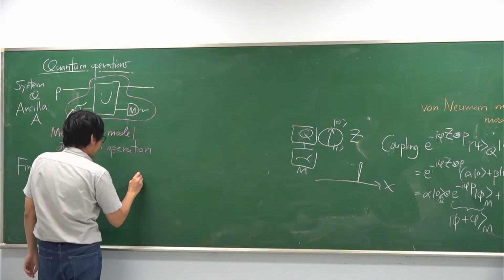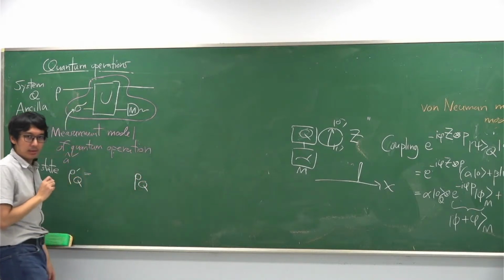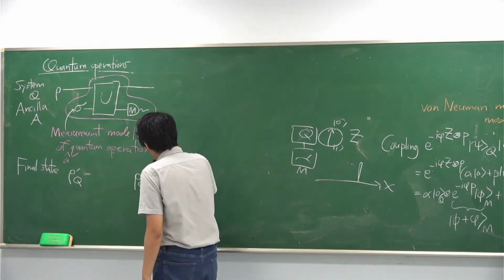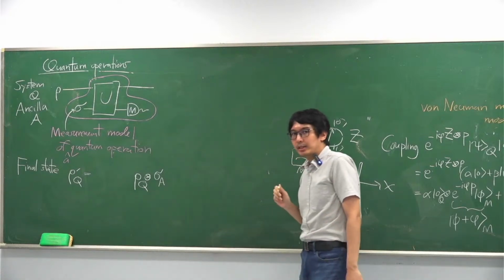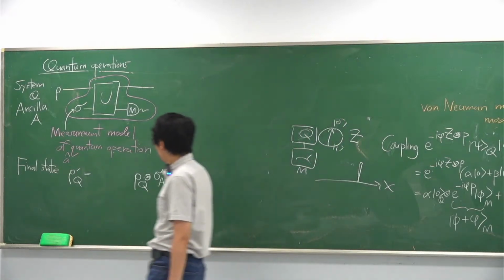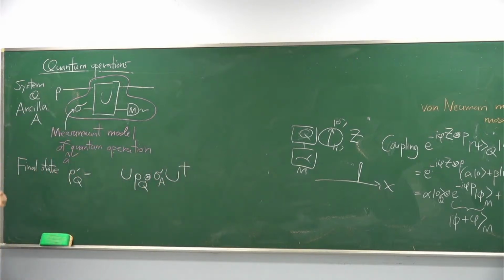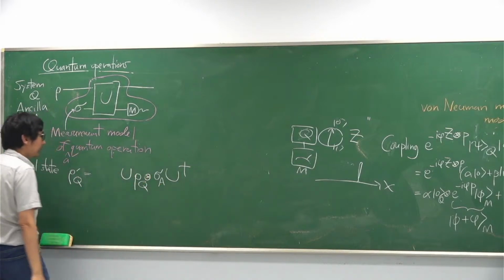You start in density matrix rho, right? And then you bring in the density matrix of the ancilla. You evolve them, and this acts on both Q and A, right?